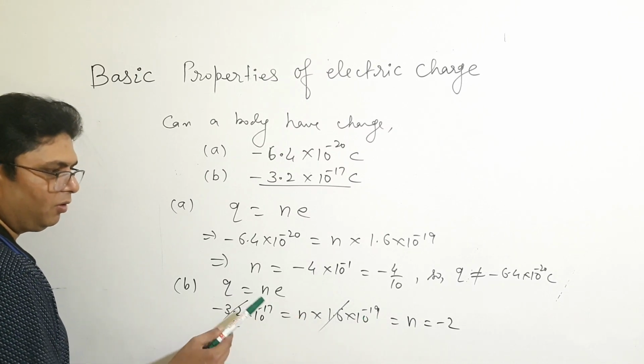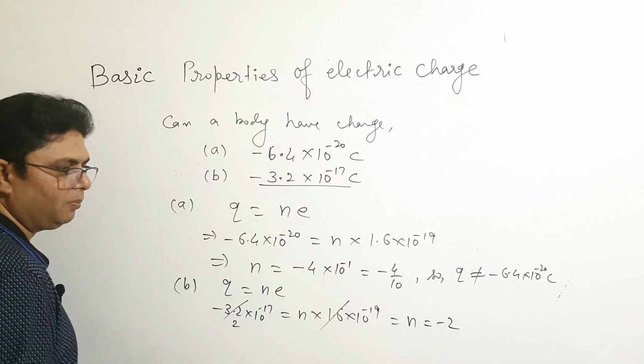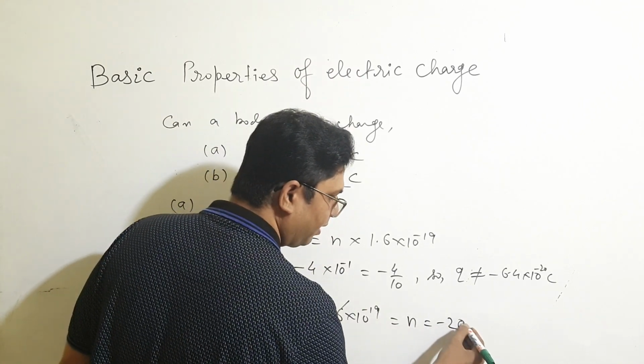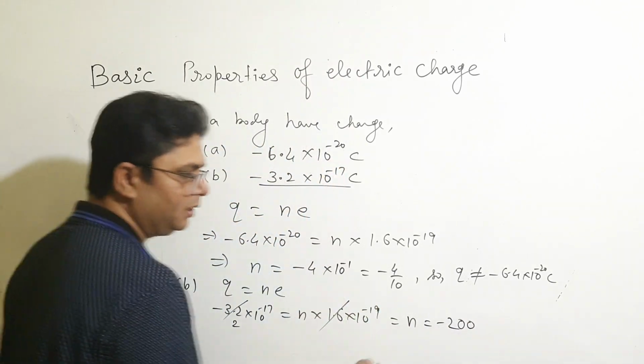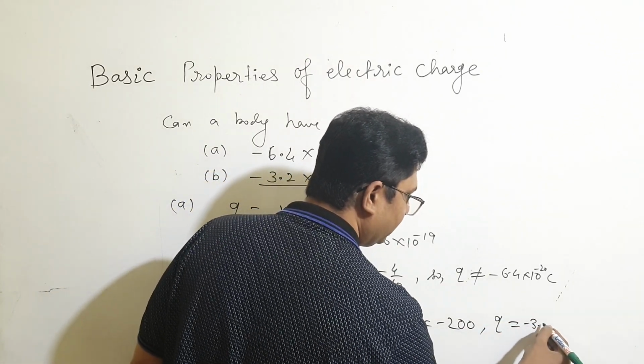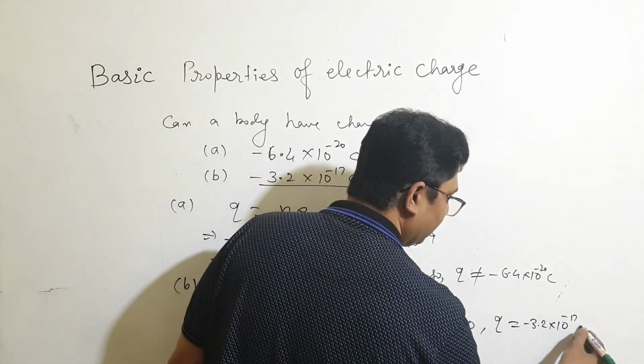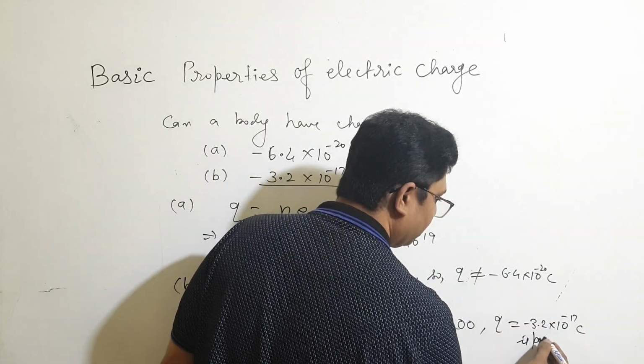When you cancel out, you get 2. So n equals minus 2 times 10 to the power minus 17 plus 19, which is 10 to the power 2, so you have 100 here. So this is an integer. This means Q equals minus 3.2 times 10 to the power minus 17 coulomb is possible.